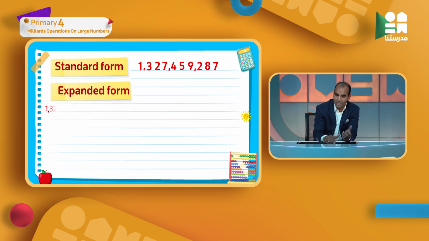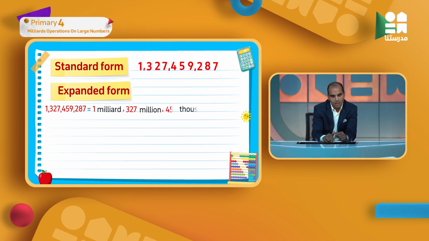So the expanded form of this number. Okay, we will see the expanded form. It is to write this number with the value of each digit of this number. So we have here 1 milliard because 1 is located in the milliard place. And we have here 327,459,287.